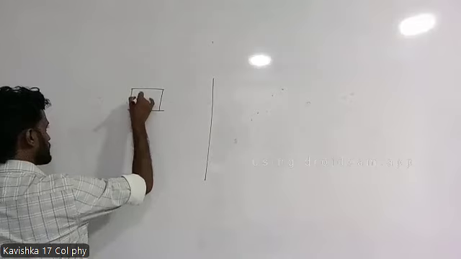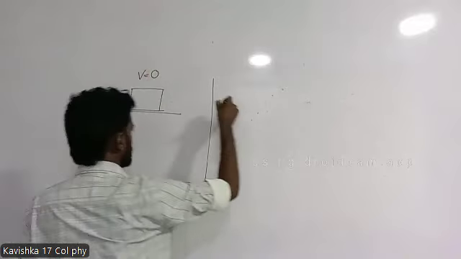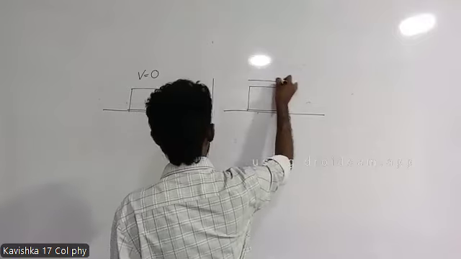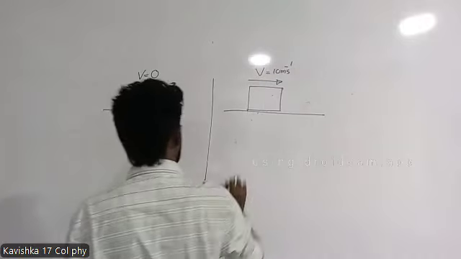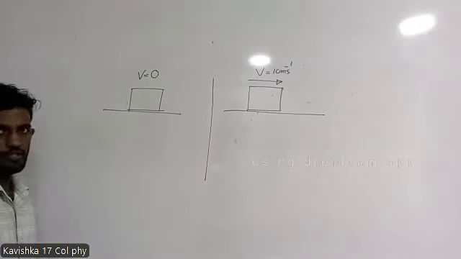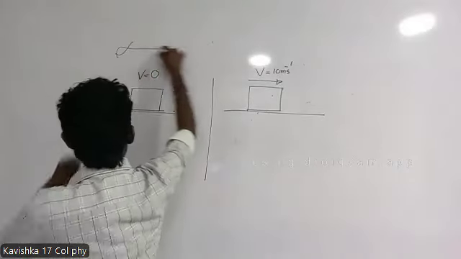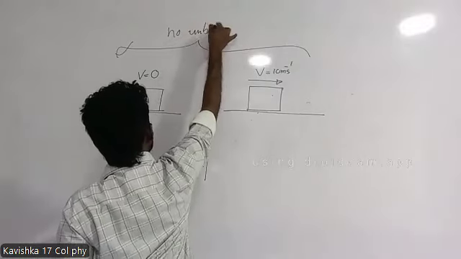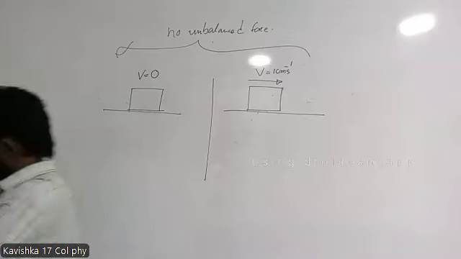Object at rest, which means velocity is zero, and the other one, object moving at a constant velocity, 10 m s^-1. It has two main parts, but the common thing in both occasions is that there is no unbalanced force.